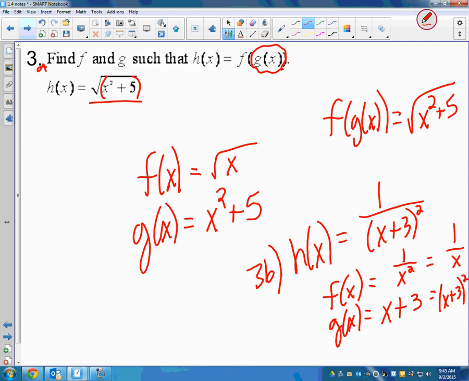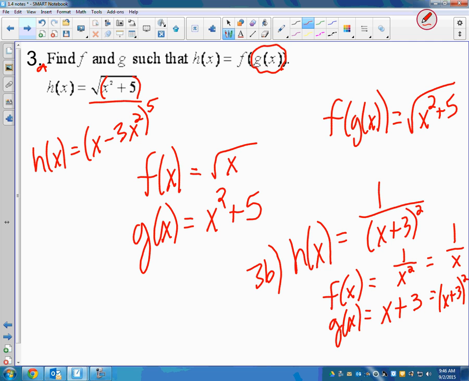So if you struggle with it, look for an outside function, like a square root symbol, right? That's an outside function. Anytime you see a fraction, like 1 over something, the denominator can be the inside function, the fraction can be the outside function. Anytime you see a power, like what if I said h of x equals x minus 3x squared, all to the 5th power?